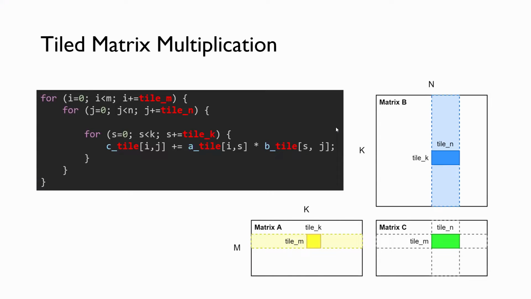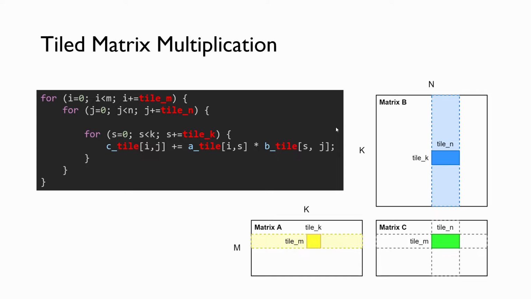So the main idea behind our matrix extension proposal is the tiled matrix multiplication algorithm. Suppose A is an m by k matrix, B is a k by n matrix, then the product C is an m by n matrix.